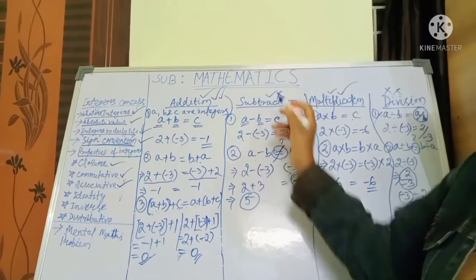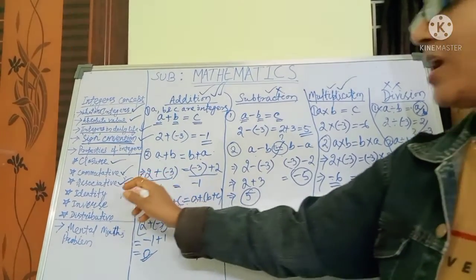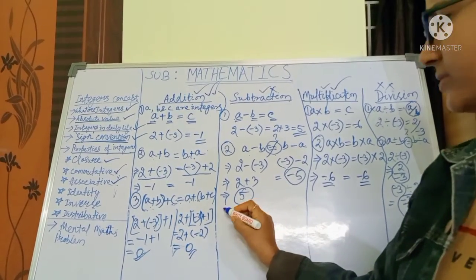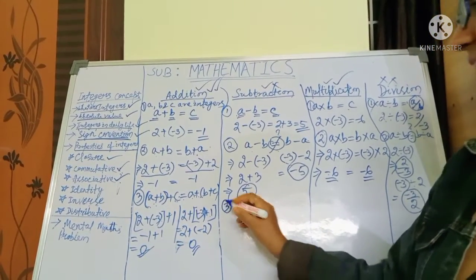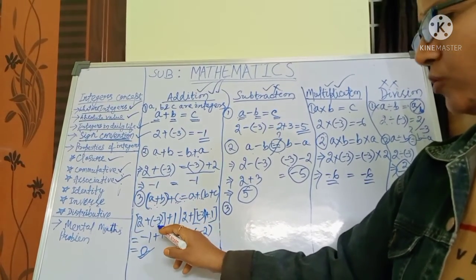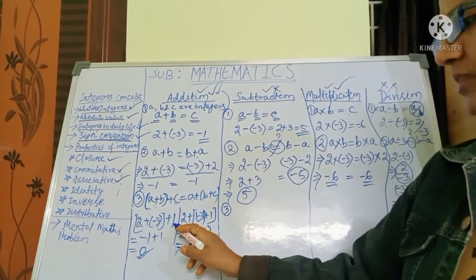So for subtraction, we'll check whether the associative property is applicable or not. The same example: we take A as 2, B as minus 3, and C as 1.